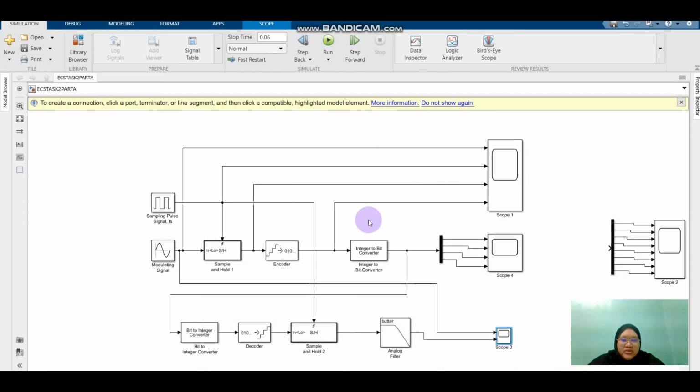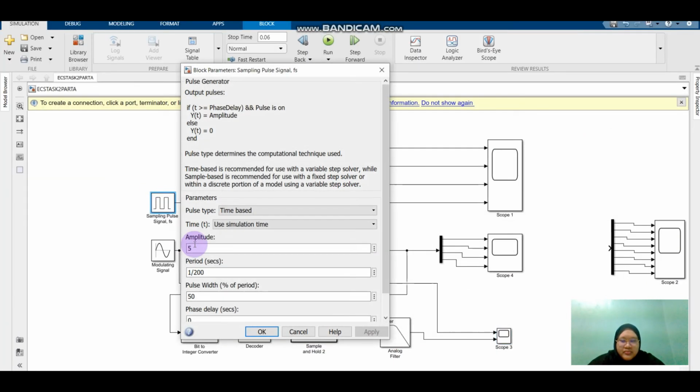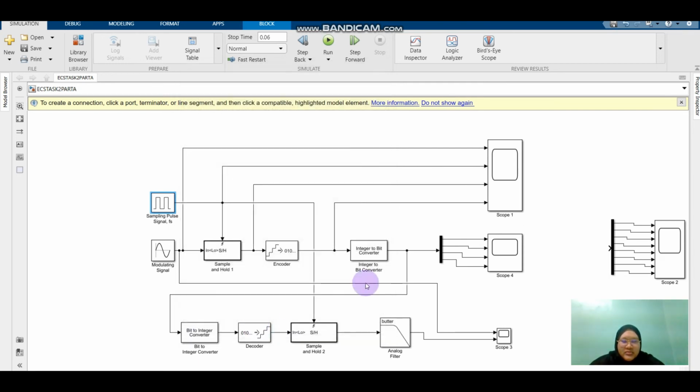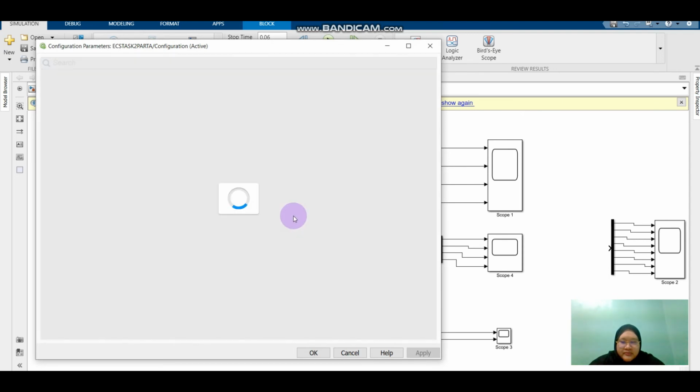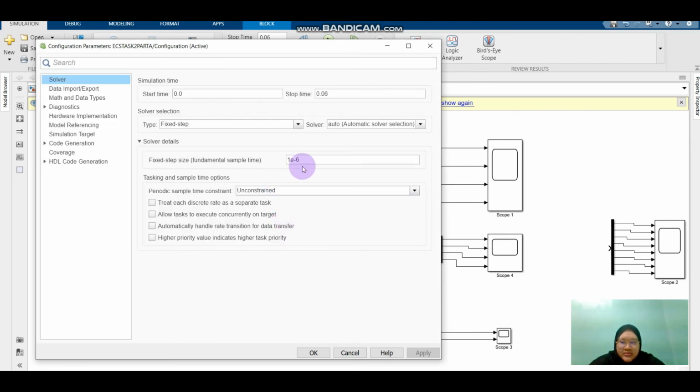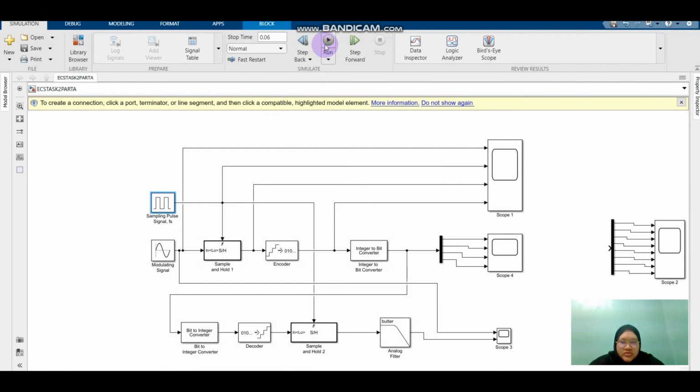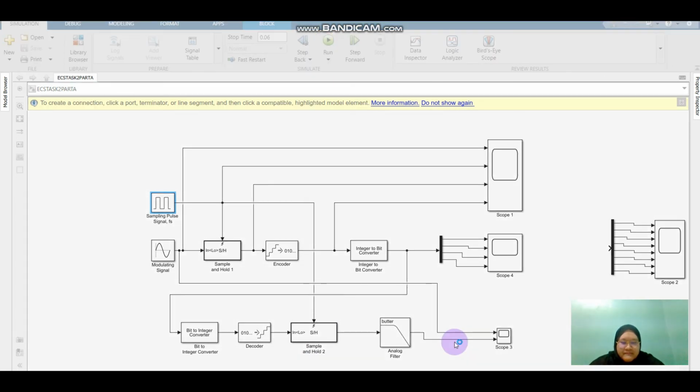Compared to if we do 1 over 3000 as I mentioned earlier, we will get a more accurate recovered signal. So for this, I have to change the fixed step sample time to auto. So you can just run.